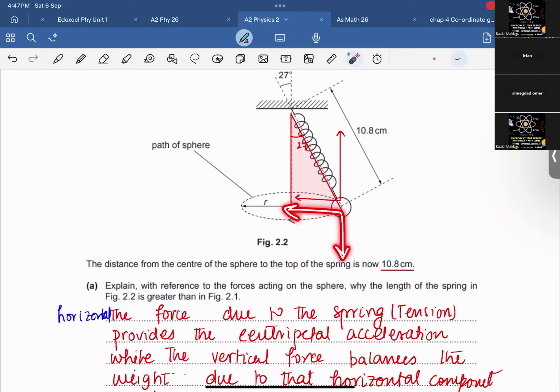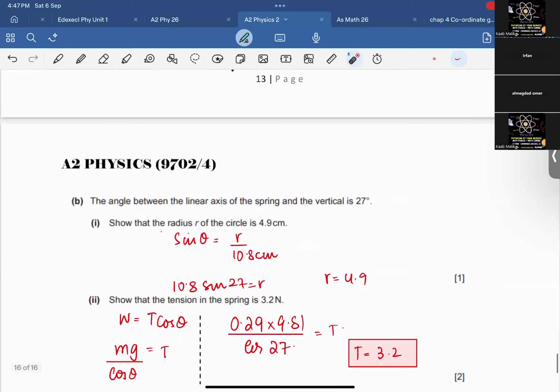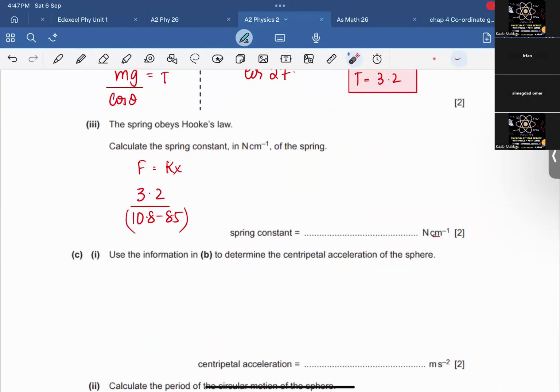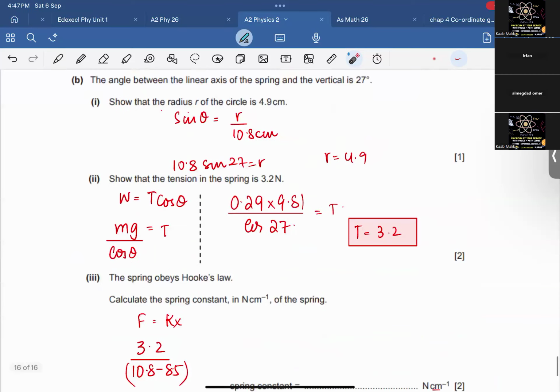This is the force and this is the force. When you subtract them, the extension is correct. The formula is also correct, but the answer is not correct. It should be 0.15, but let's see how.